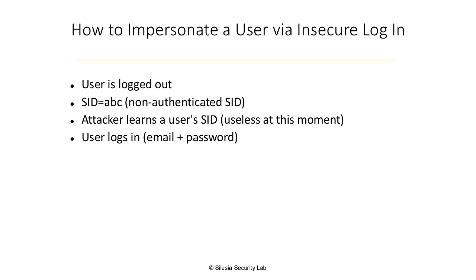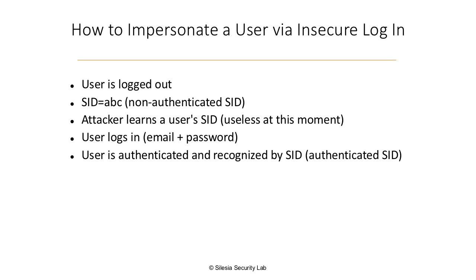So next, the user logs in to the web application and provides, for example, email and password. After that, the user is authenticated and recognized by session ID. And this is an authenticated session ID at this time, right?